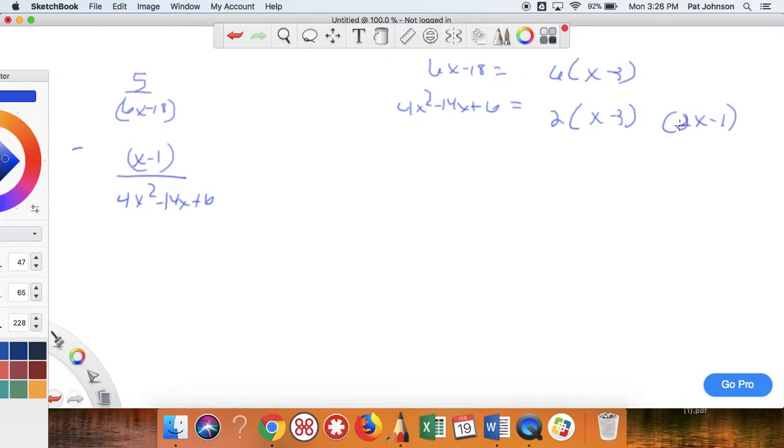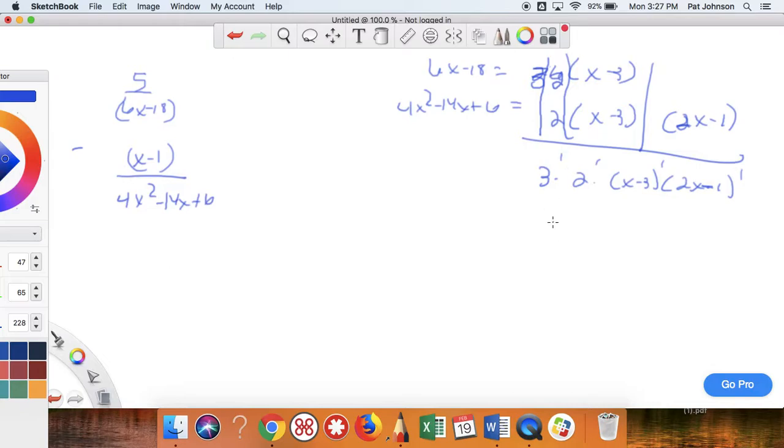Again, we can do this offline or during class or outside of class if you need help. So this is 3 times 2, right? So again, I have a 3, I have a 2, I have an x minus 3, and I have a 2x minus 1. All the different bases, all the different factors. They're all implied 1.